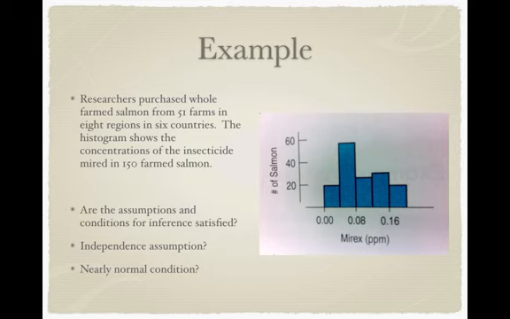So we can also say that it met the nearly normal condition. Because both of these were met, the independence assumption and the nearly normal condition, that simply means this is an okay set of data for us to use for inference about farm-raised salmon. And that's basically all there is to the assumptions and conditions.